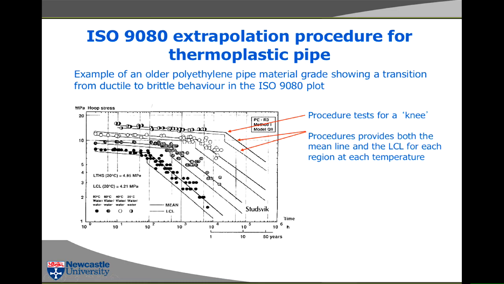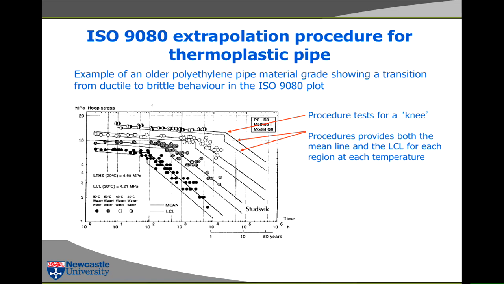At each temperature, you can see they've plotted the mean line. That's the line that goes through the experimental points. And they plotted the mean line for both different processes. So they put a line through the ductile process, and they put a line through the brittle process. Now you'll notice something about those lines, that the brittle process is much more scattered, as you might expect for slow crack growth.